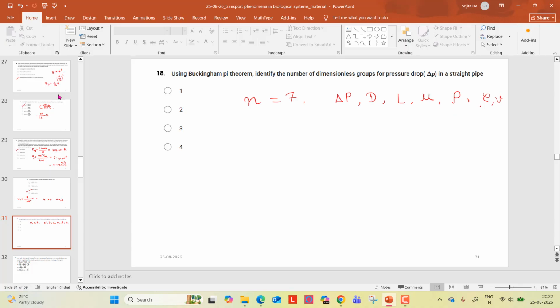So these are the 7 parameters. N is 3, we know that, right? So dimensionless groups will be 7 minus 3, 4.